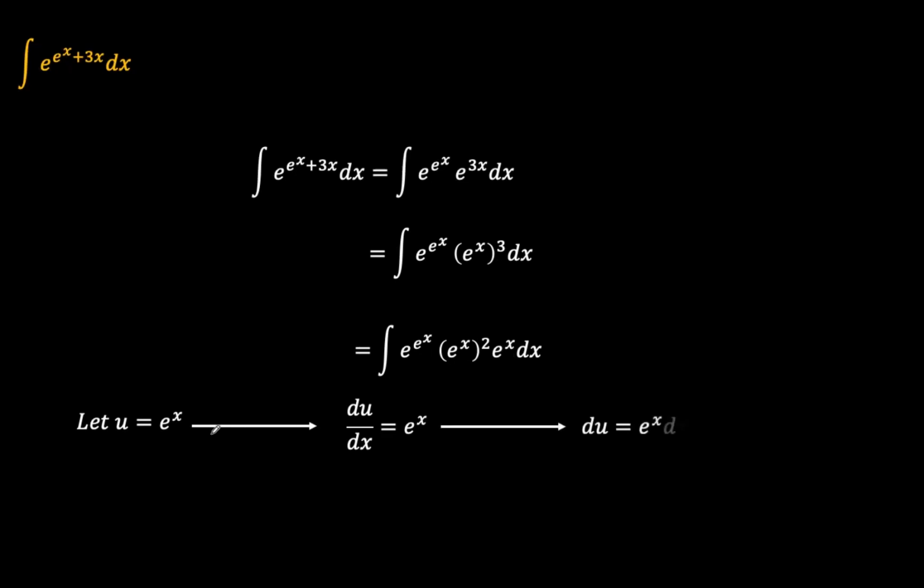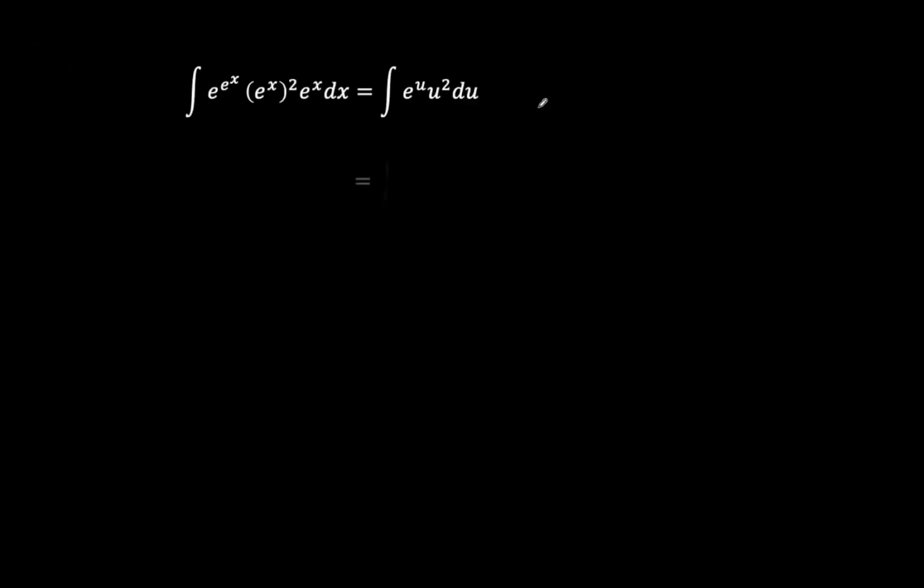And so you could substitute e to the power x times dx with du. And so for our problem here, this part is u, this part is u, and this part is du, right? And that's what we've done here. So same as the integral of e to the power u, u squared du.